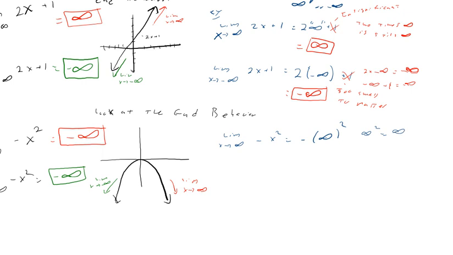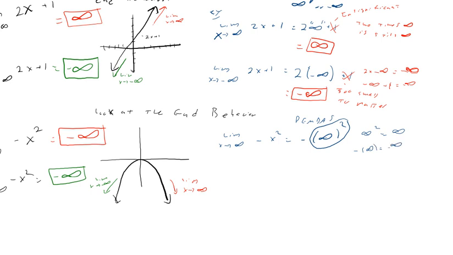You're on the right track because of the negative and the squared. The problem is the order of operations, PEMDAS: we do the squared part first. And once we square it, we get a positive. And then negative times infinity is going to be negative infinity.